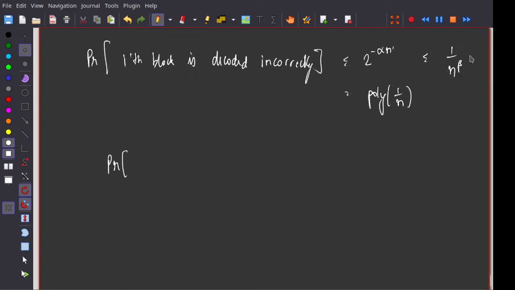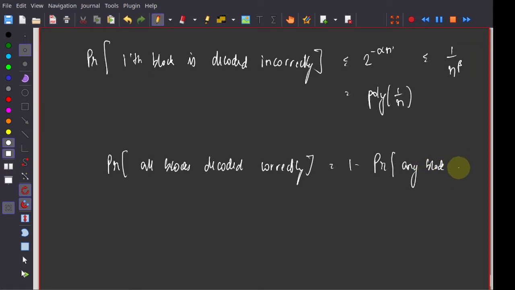So the probability that all blocks are decoded correctly is 1 minus the probability that any block is decoded incorrectly, which is greater than or equal to 1 minus n by n prime times 1 by n raised to beta.